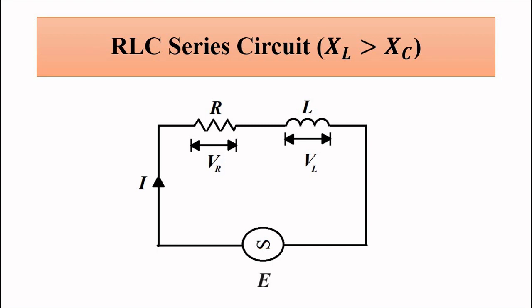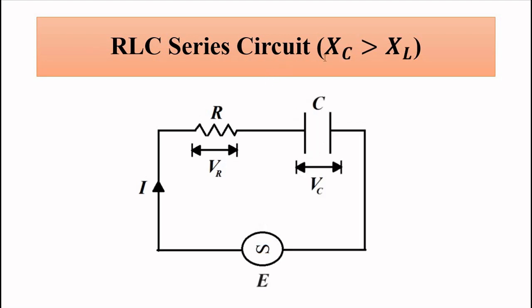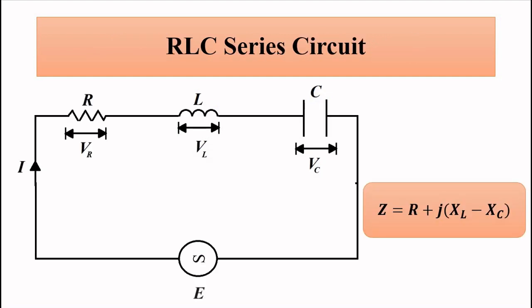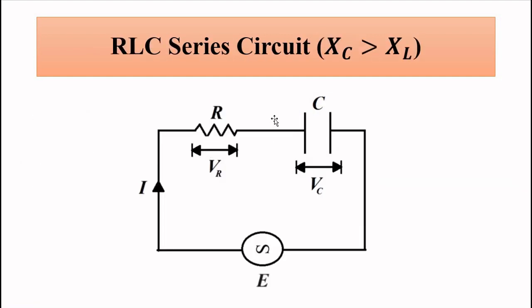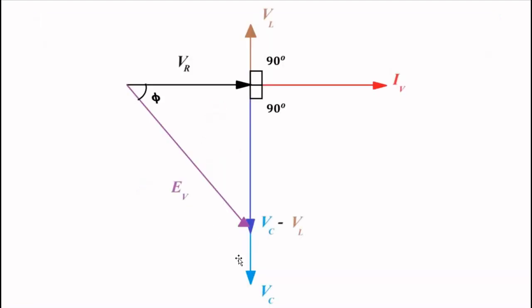Now the other condition, where capacitive reactance is greater than the inductive reactance. In this case, this RLC series circuit will behave more like an RC circuit, because capacitive reactance is greater than the inductive reactance.